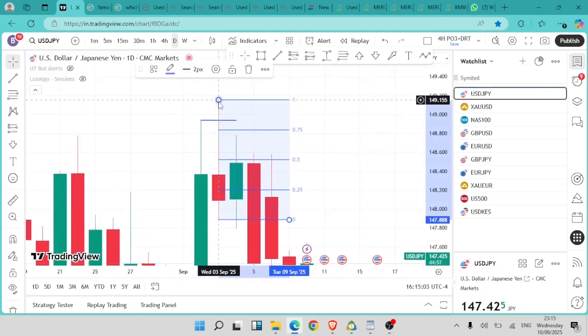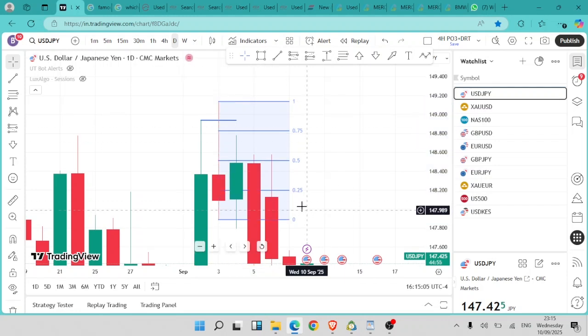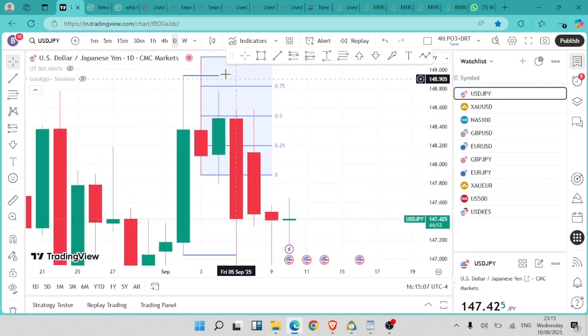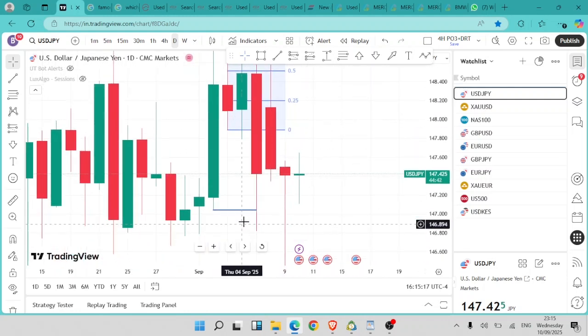That means with the right technical analysis, whenever you find yourself in a news situation, it should propel you to your take profit, which is now this.